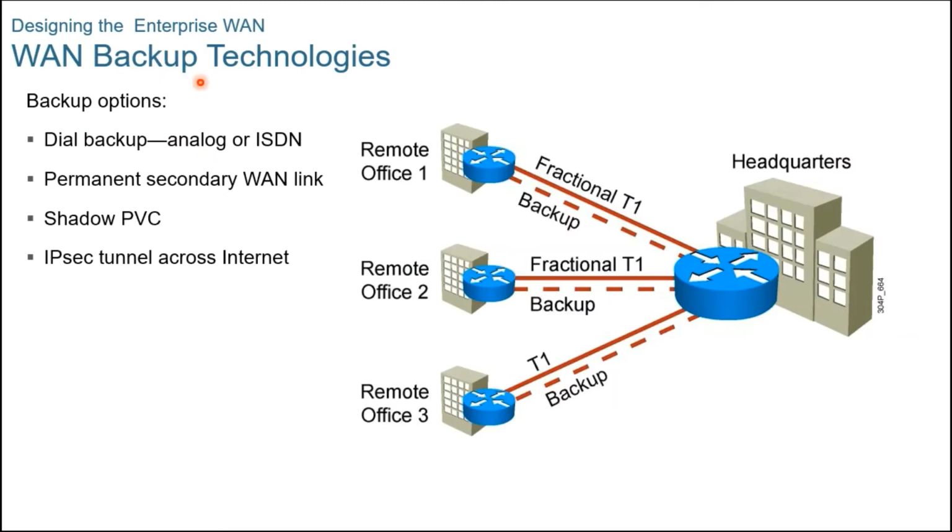Next, WAN backup technologies. Let's take the WAN backup strategies here. This section describes various backup options for providing alternative paths for remote access. WAN links are relatively unavailable, or unreliable, compared to LAN links, and often are much slower than the LANs to which they connect.